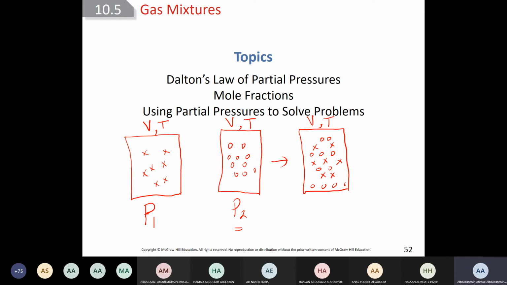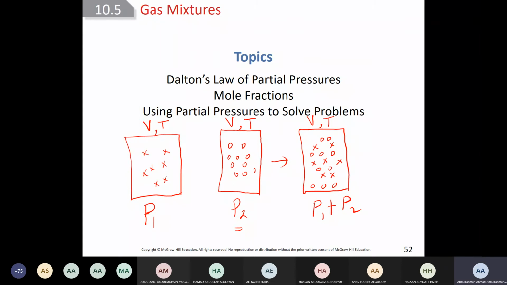Now let me ask you, what's the pressure of the new box? P1 plus P2. Exactly. Why are you saying this? Because they have the same volume and temperature. Exactly.